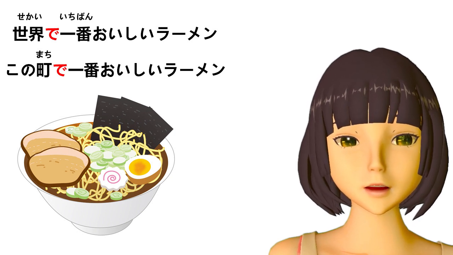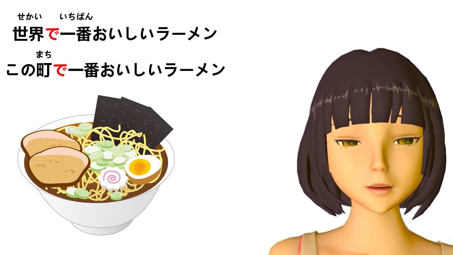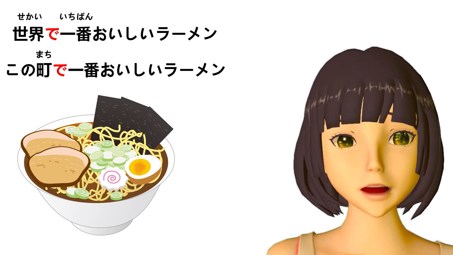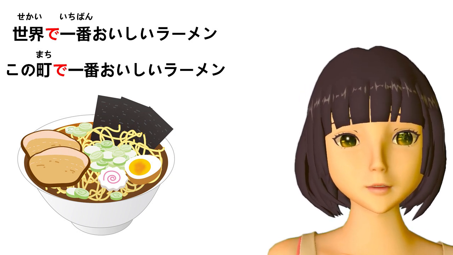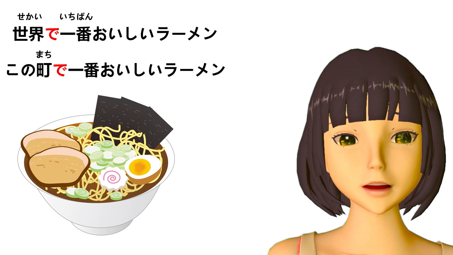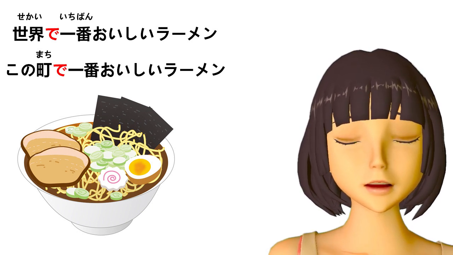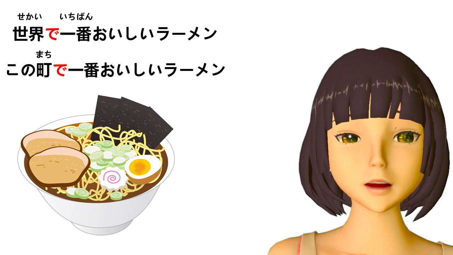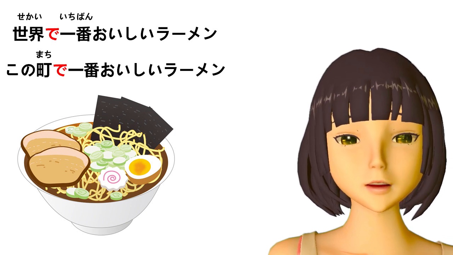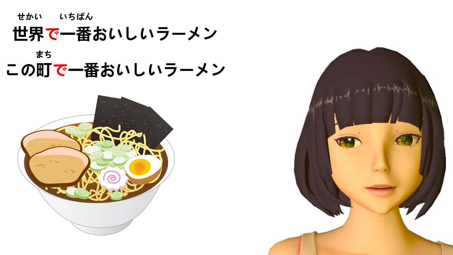So that's what de is doing. Just as with an action, it tells us where the action takes place, the locality, the boundary within which it takes place. With the other kind of yogen, an adjectival, it's telling us the boundary within which that adjectival quality prevails.